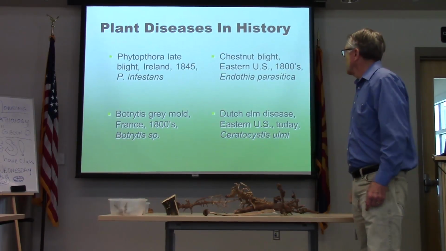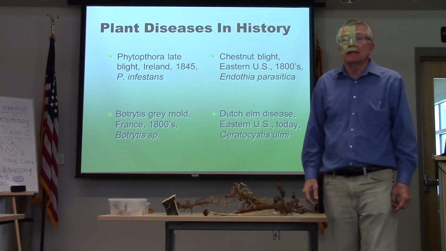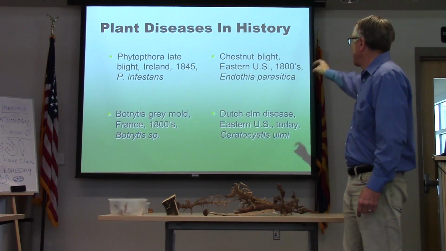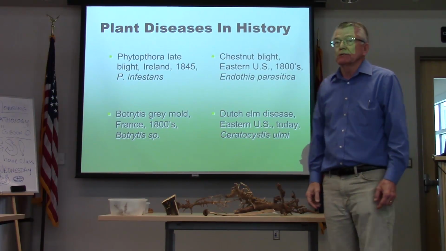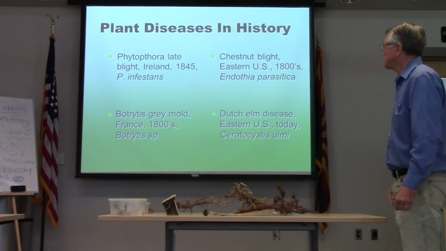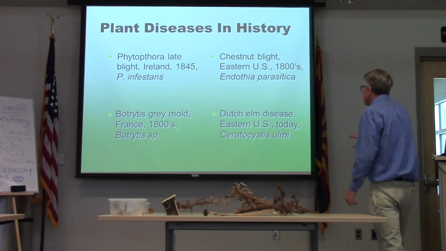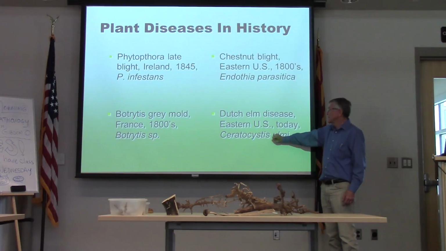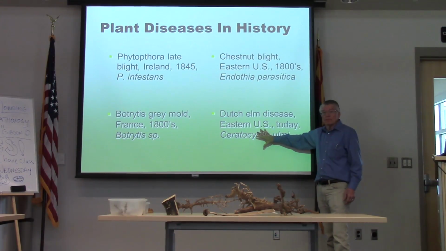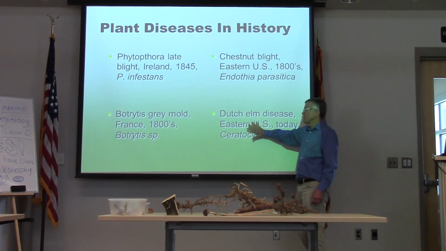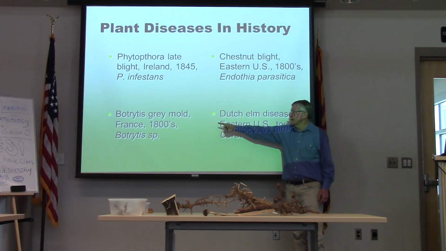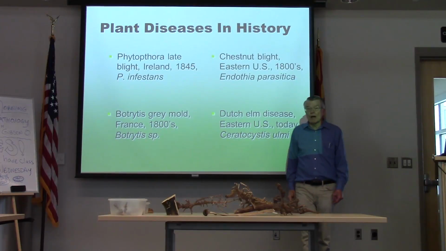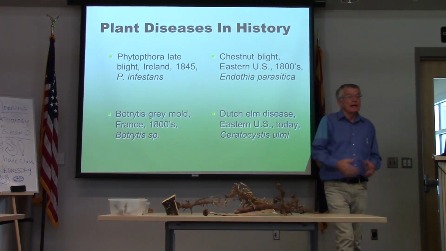Chestnut blight in the eastern United States in the 1800s pretty much wiped out the chestnut trees on the East Coast. Dutch elm disease today, ceratocystis, is a major problem. We are losing a lot of Dutch elms in the eastern part of the country. I did want to focus a little bit on the botrytis problem in France.